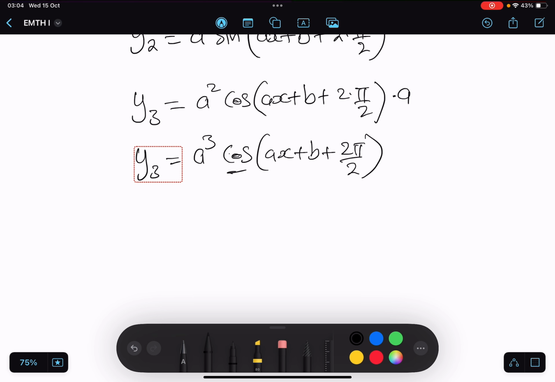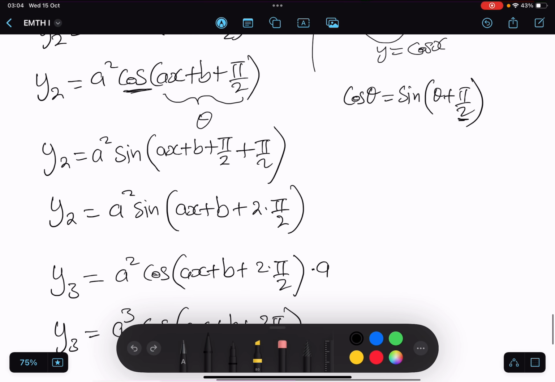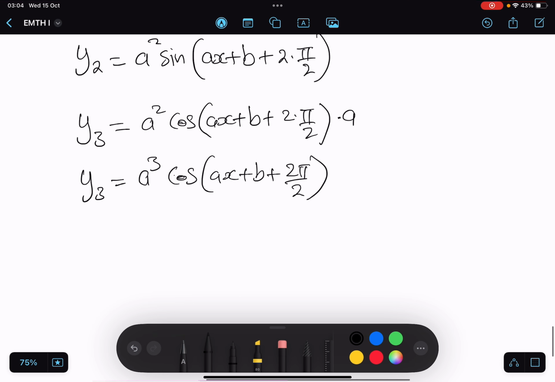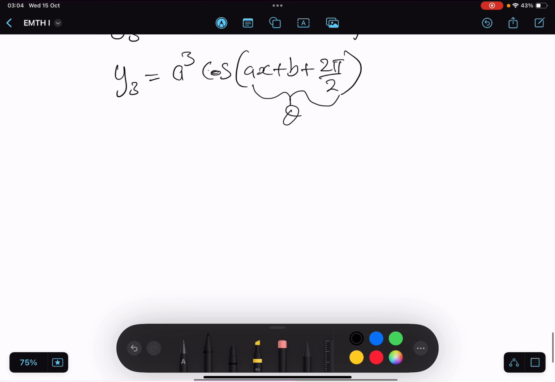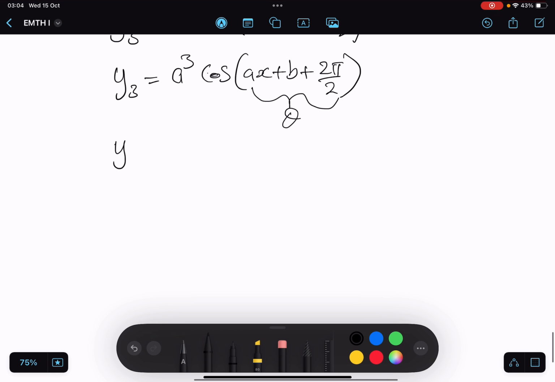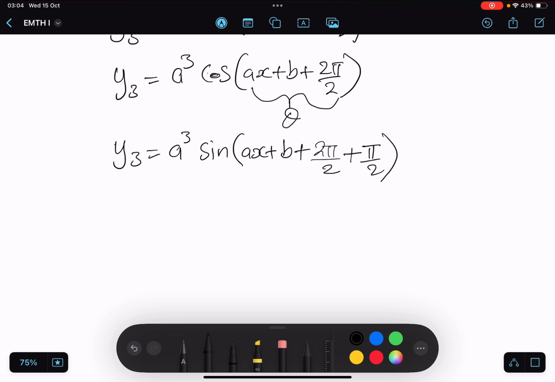And then we have cos again. How do you remove cos? We use the same identity. This is going to be my theta now. So y3 is equal to a cubed sine ax plus b plus 2 pi over 2 plus pi over 2 again.